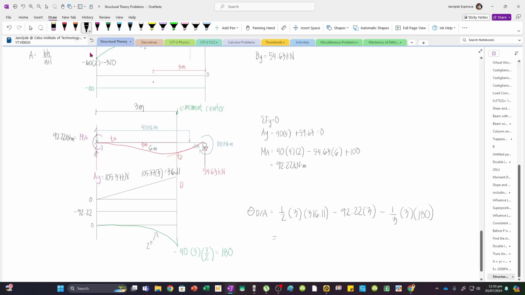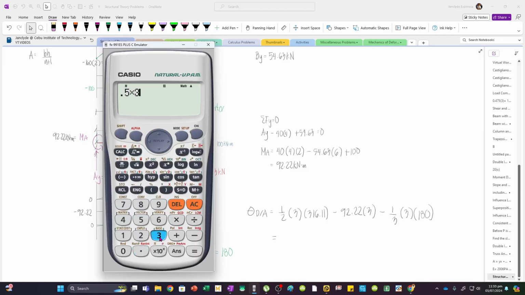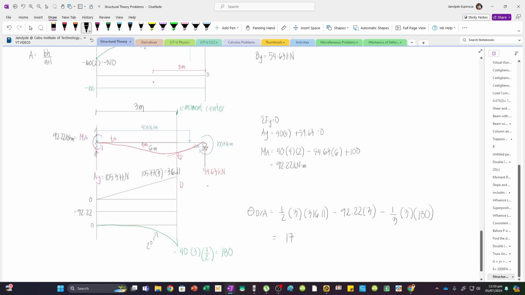So the slope at D would be 0.5 times 3 times 316.11 minus 92.22 times 3 minus 1/3 times 3 times 180. So we have 17.51 kNm squared divided by EI. Yan. 3I. The beam is indeterminate. So this is the answer.